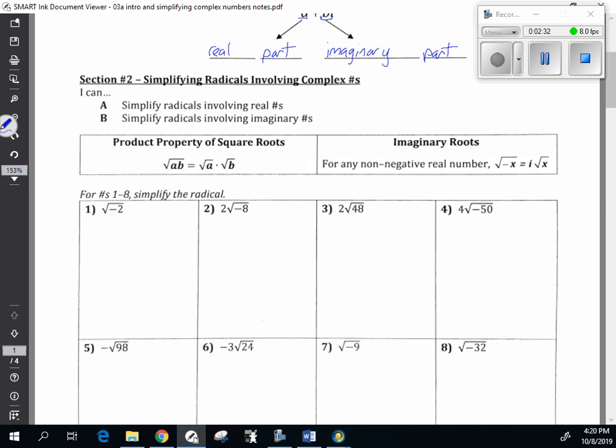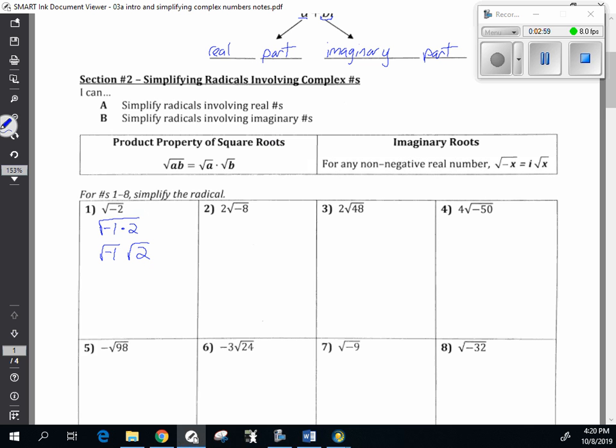We're going to just add a little twist right here with imaginary roots, okay? So for this one right here, this is the square root of -2. I'm going to rewrite this as -1 times 2, and I'm going to break it apart. I'm actually going to take that -1 and set it out on the outside.